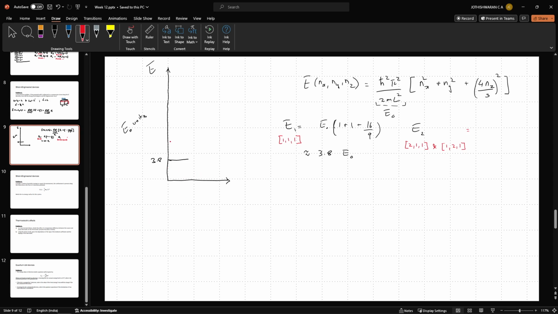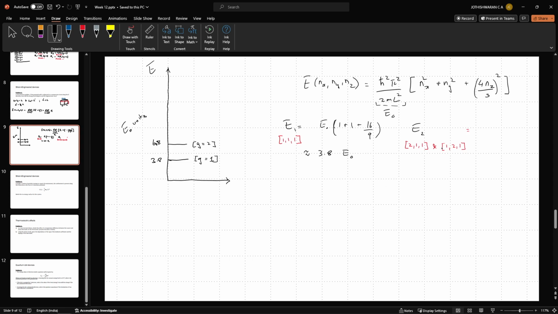So the next one is going to be over here at 6.8. And here, of course, G is equal to 1, the degeneracy is 1. Now this has a degeneracy of 2, so G is equal to 2. So this is a twofold degenerate state.